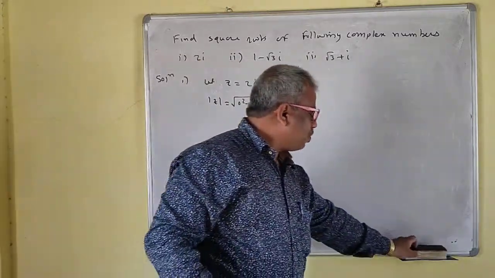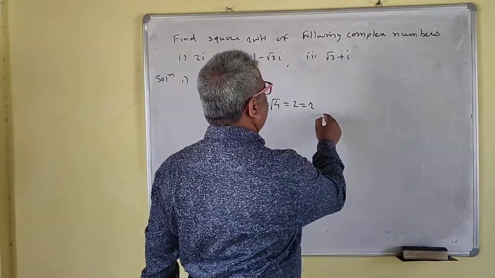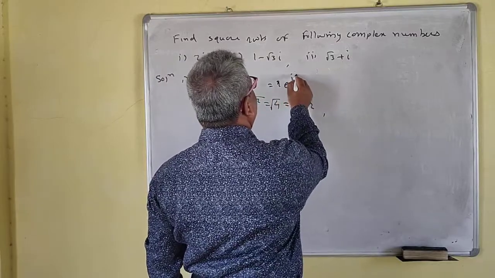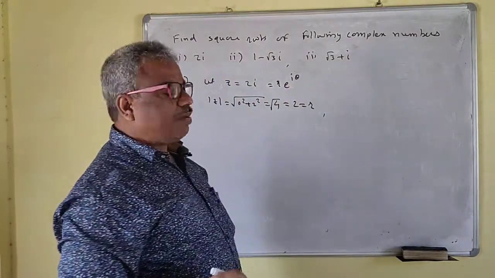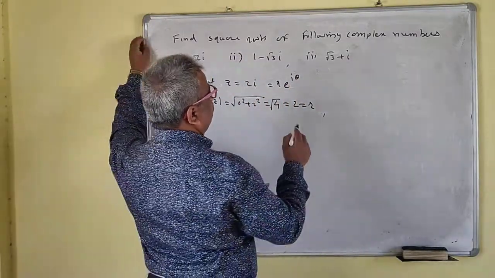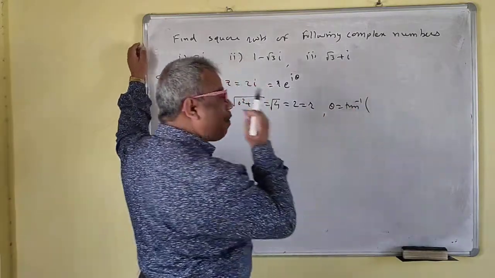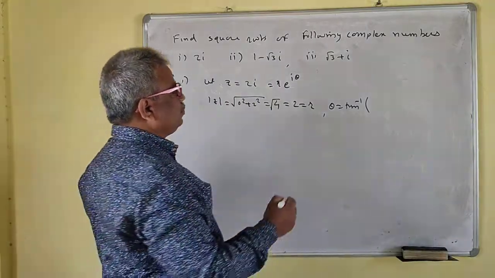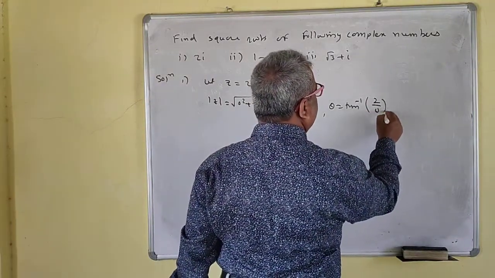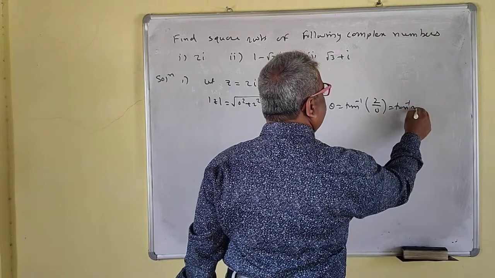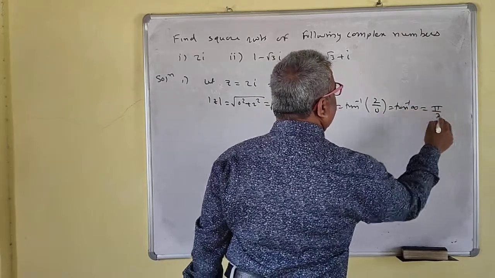Okay. Now you have to find theta. We want r e raised to i theta. So we'll find the value of r and we'll find the value of theta. Now theta is equal to what? Tan inverse of y by x. So this is 0, 2 by 0. This is tan inverse of infinity, so this will be pi by 2.